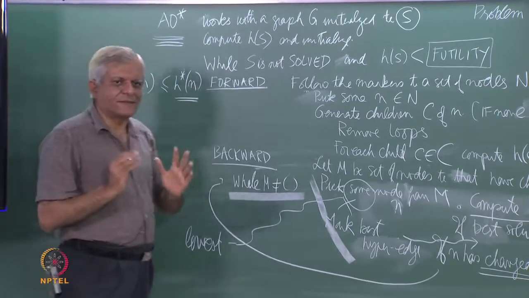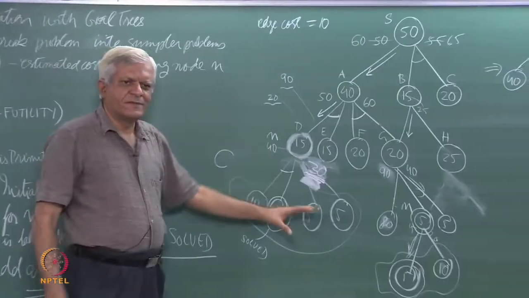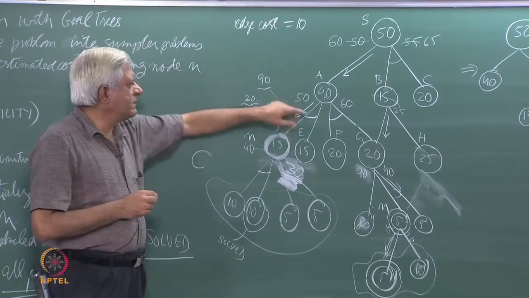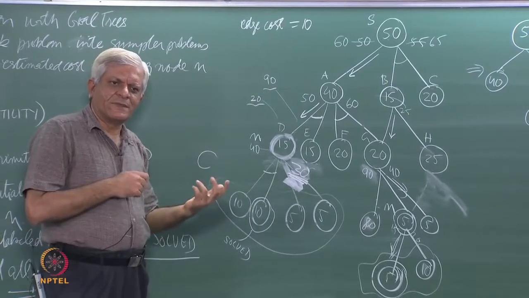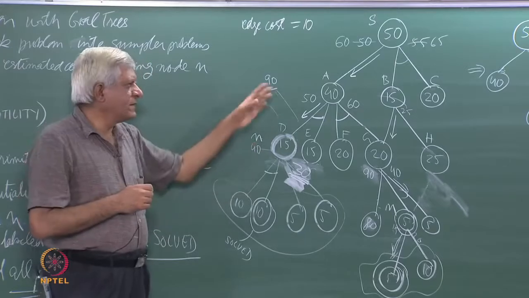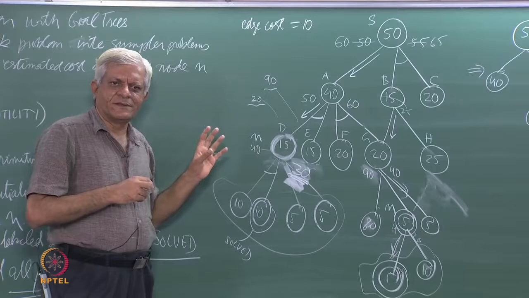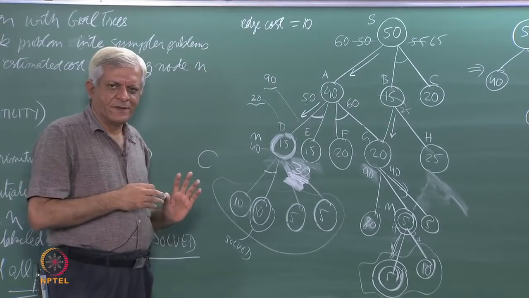So, as an exercise, I will ask you to construct a small problem, like this, with some leaf nodes, and so on, and you can basically manipulate the edge cost to make it underestimating or overestimating. First work with an overestimating function, and you will see that it gives you some solution which may not necessarily be the optimal solution.